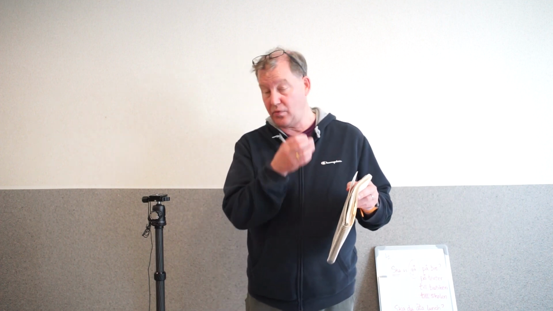Well, you use that little word ska, going to do something, or will do something, ska. So that's a critical, important word and a verb to express future tense. So you use that word ska and then the main verb, for example, ska gå.